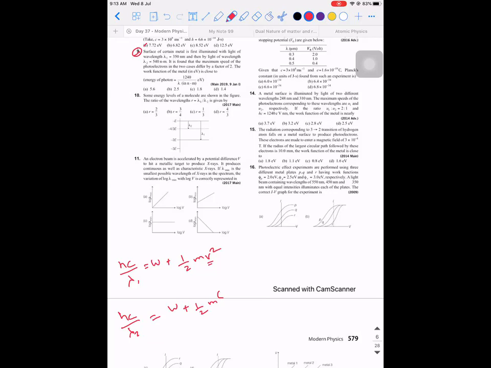Will it be 2v or 3v? Are you able to understand what I'm asking? It should be 3v, because the velocity differs by a factor of 2, so to the existing value you need to add 2v for the difference to come out as 2. So it will be 3v the whole square. Don't write 2v, that will go wrong.